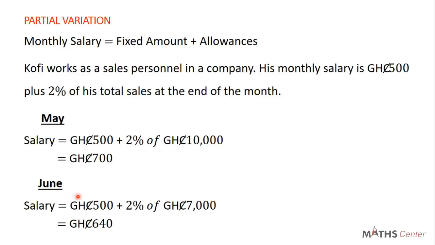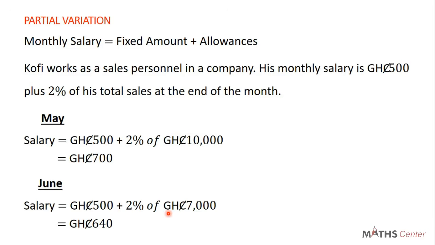So we can see clearly from here that Kofi's salary depends on two things. It depends on 1, a fixed amount, which is 500 Ghana cedis, and an allowance that keeps on changing. In the month of May, Kofi had an allowance of 200 Ghana cedis.